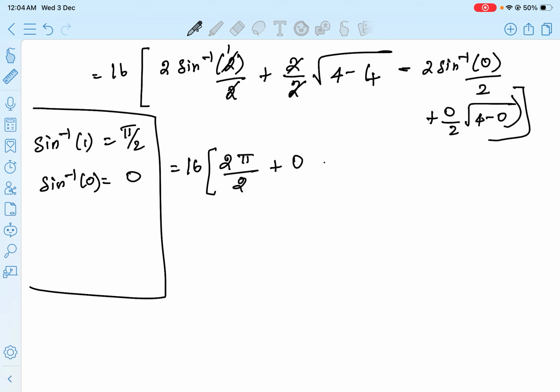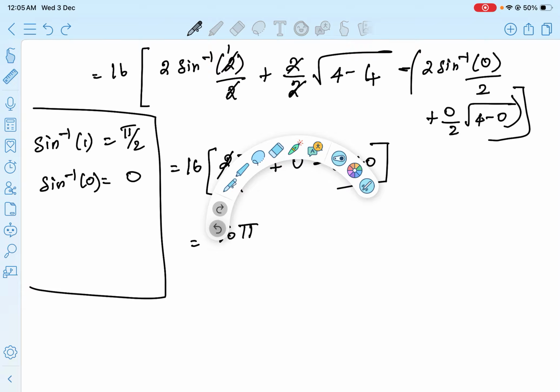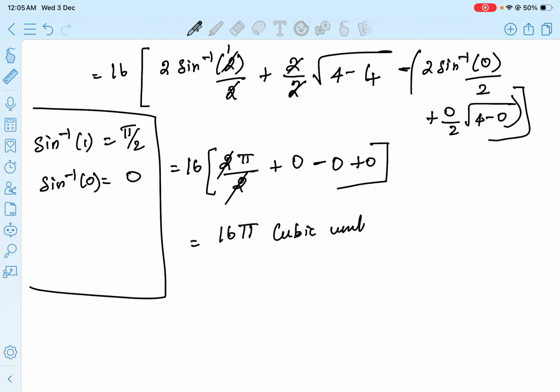Minus, the lower limit, so this is 0 and this is also 0. So 16, 2 will get cancelled. Pi. It is a volume, right? So cubic units. That's all.